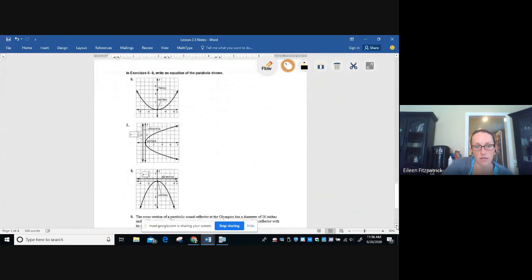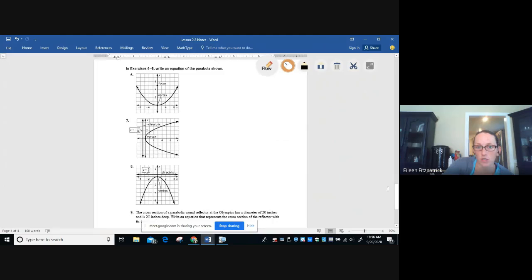Okay, the next one, write the equation of the parabola shown. For this one, your parabola is opening up and its vertex is at the origin. So I'm going to use y is equal to 1/(4p) x squared. Your p-value is positive since it's opening up.